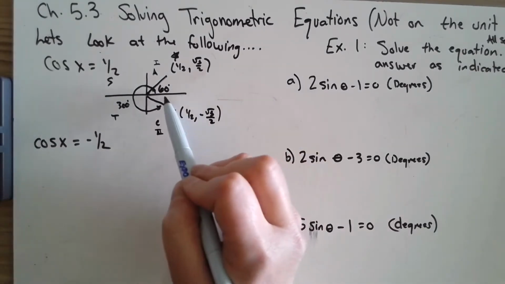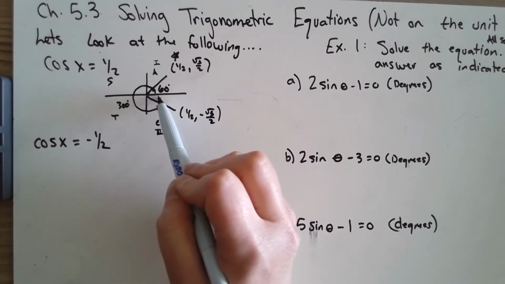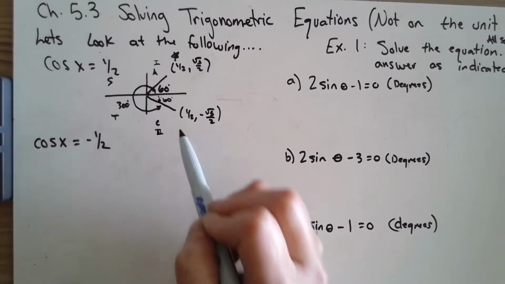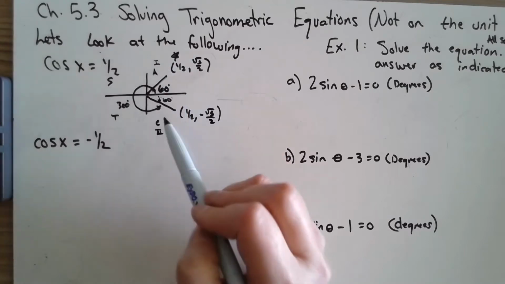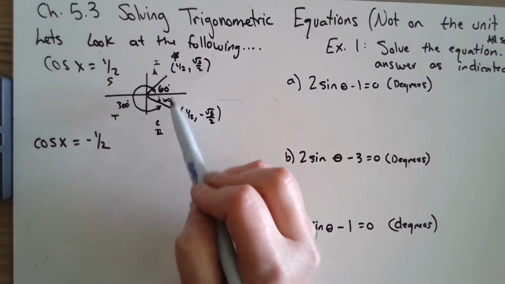What do we notice about this angle right here? Well, this is also technically negative 60 degrees, but 60 degrees. So my two answers were in the two positive quadrants, and they had technically the same reference angle of 60 degrees.